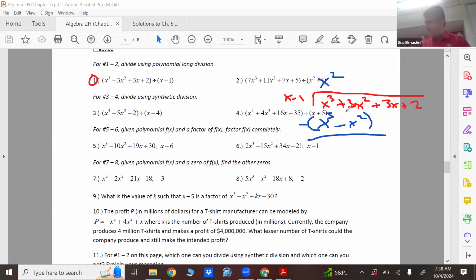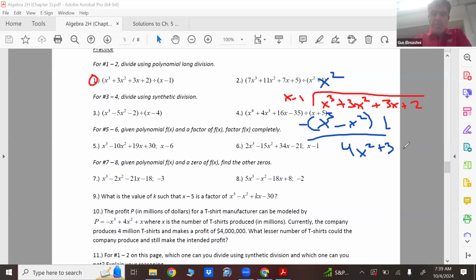What's 3x squared? So what's 3x squared minus x squared? Wouldn't it just be x? It'd actually be 4x squared, because you need 3 minus negative 1. And you bring down the 3x.